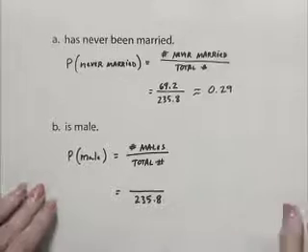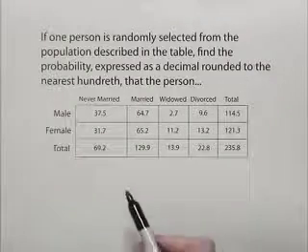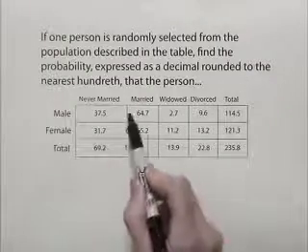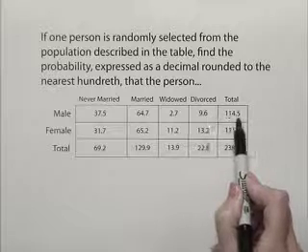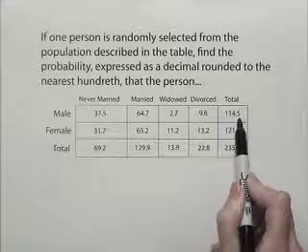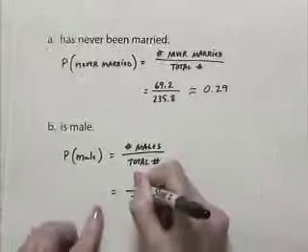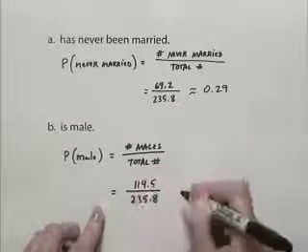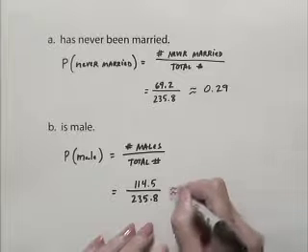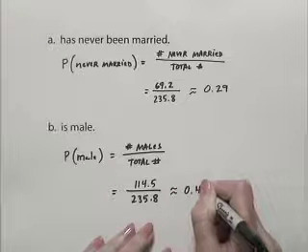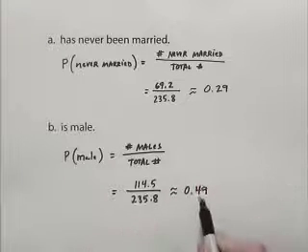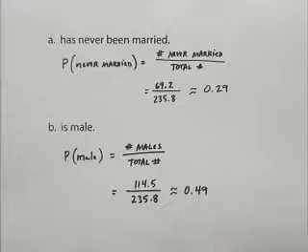The number of males, we're going to look in our chart and go over to the right-hand side. The total number of males is 114.5. And then using our calculators, we come up with the division, which is approximately going to give us 0.49. So the probability of choosing someone who is going to be male would be 0.49.